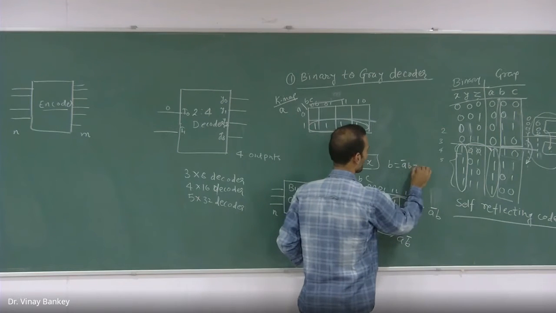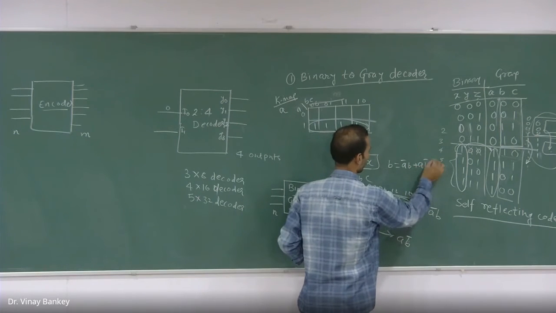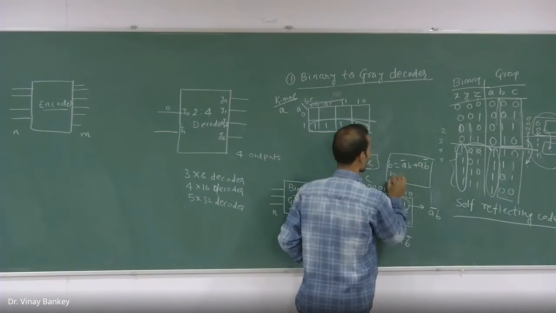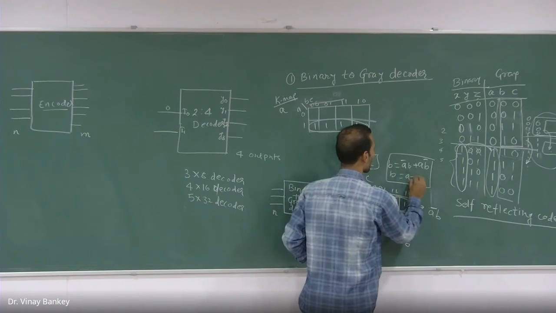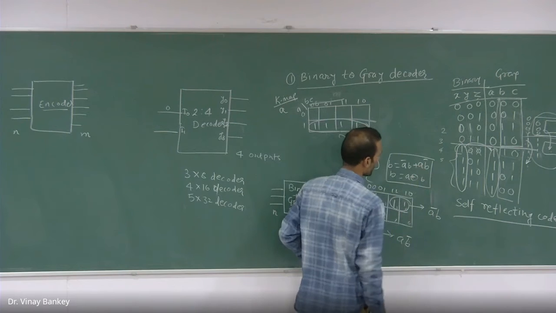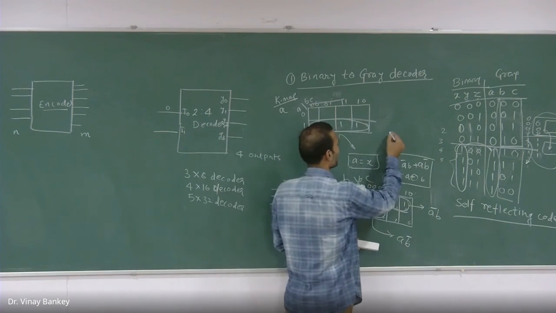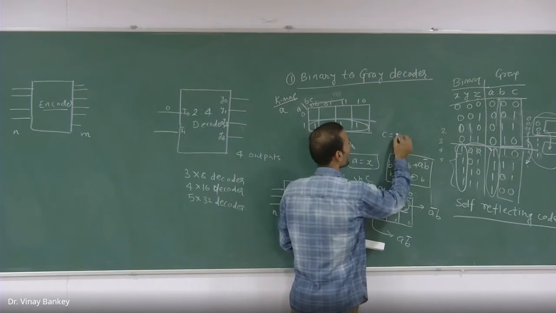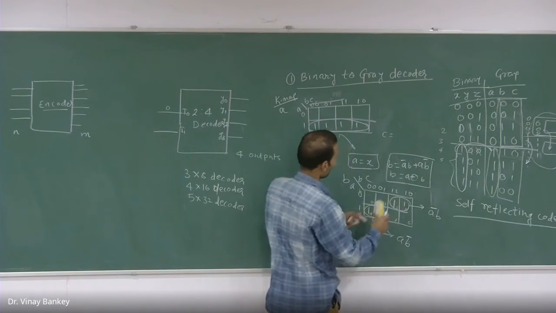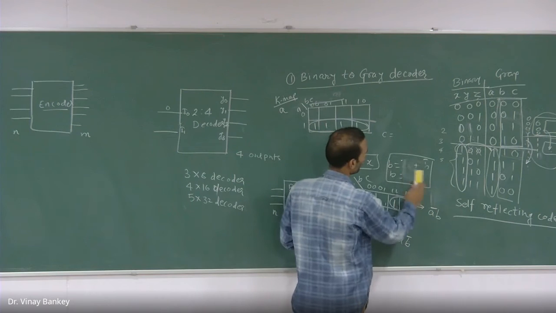A bar B plus A B bar, and I can also write A XOR B. And similarly, if you do it for C, you will encounter this. C will be the XOR operation between not A and B, it will be X Y.